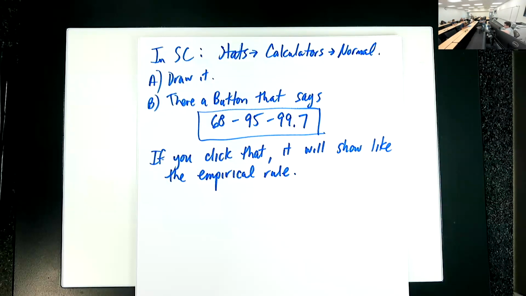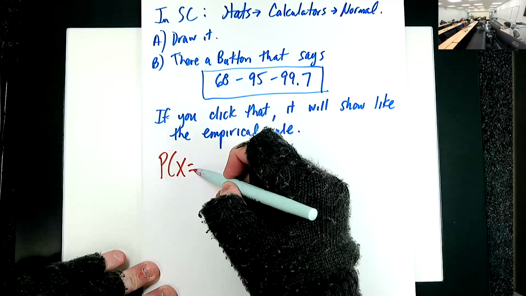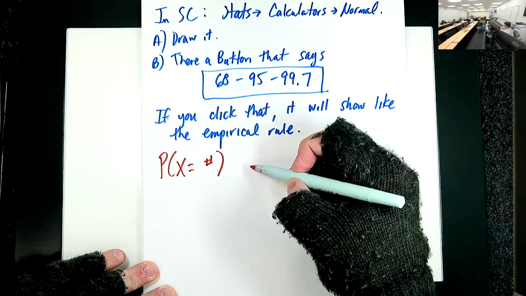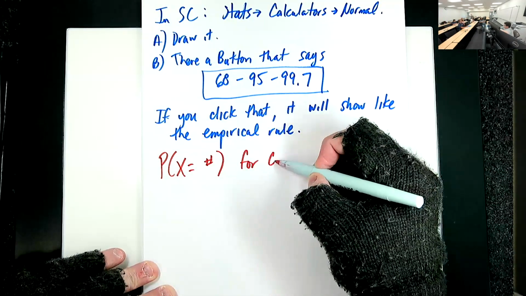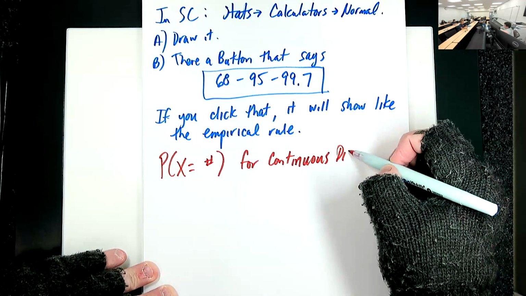Some other information you need to know about these continuous distributions. The probability that x equals a specific number for continuous distributions is 0.